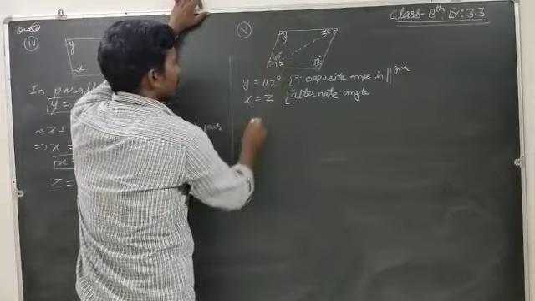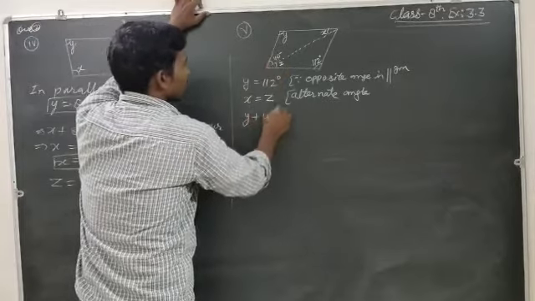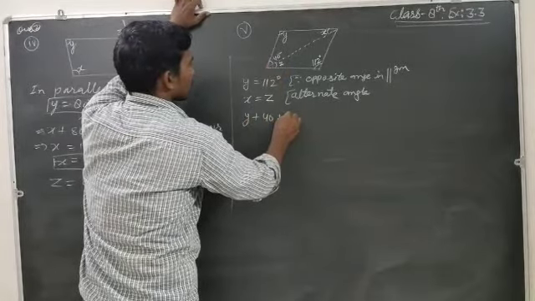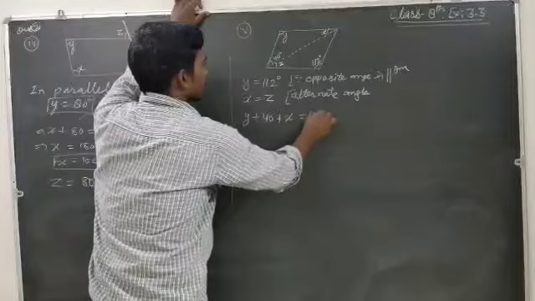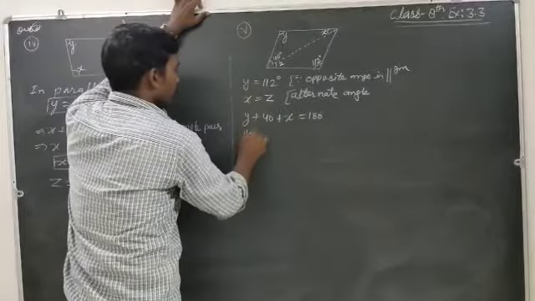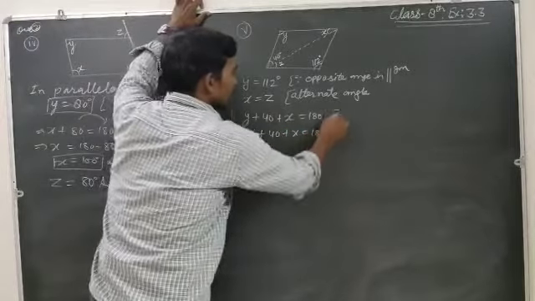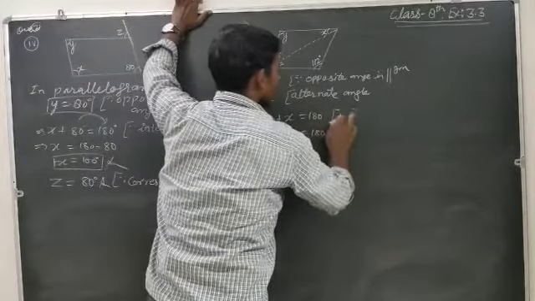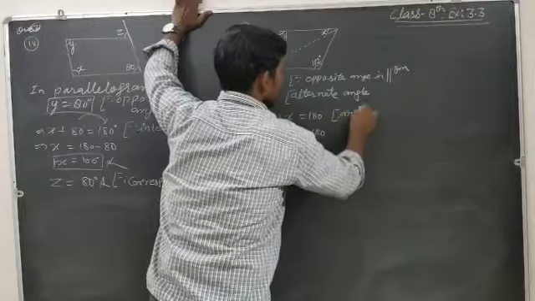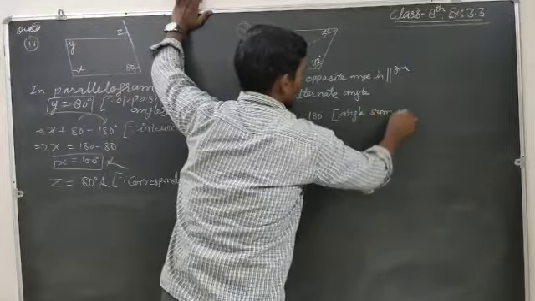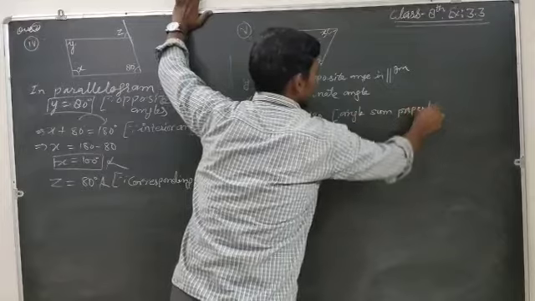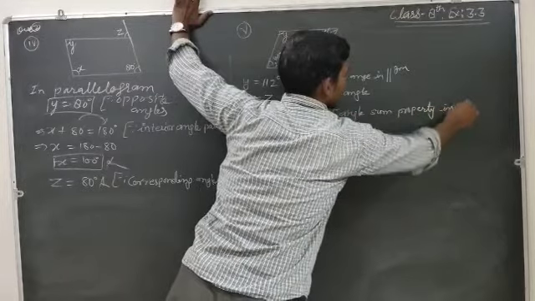Now in this triangle, y plus 40 plus x equals 180, y equals 112, plus 40 plus x equals 180. This is the angle sum property in a triangle.